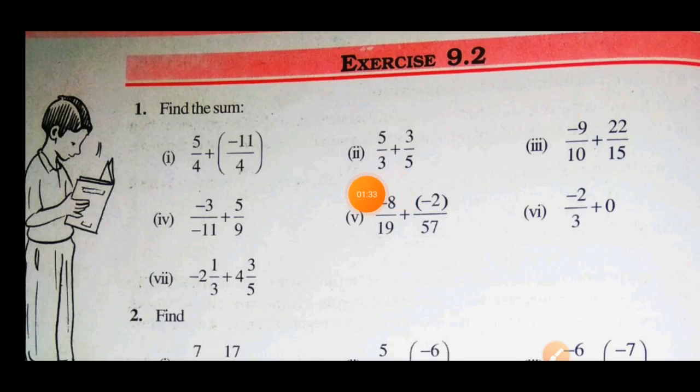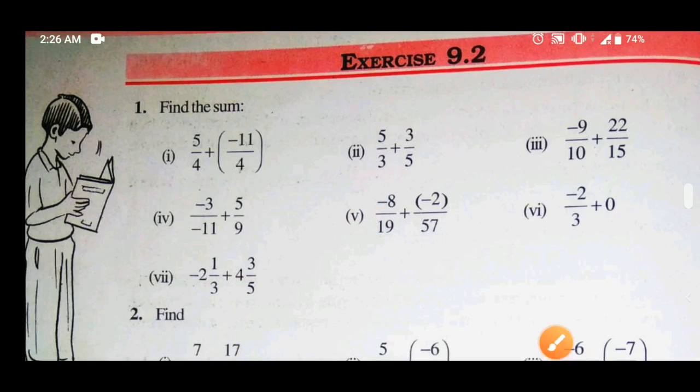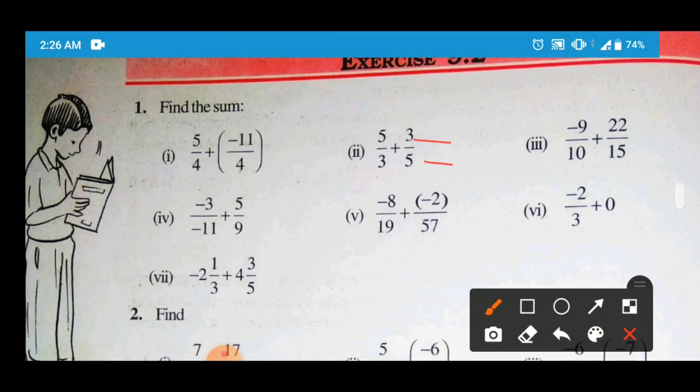So for LCM of these two prime numbers we get the product of these two numbers, because the product of these two numbers is their LCM. So first we can write here LCM, it is 3 into 5 is equal to 15.